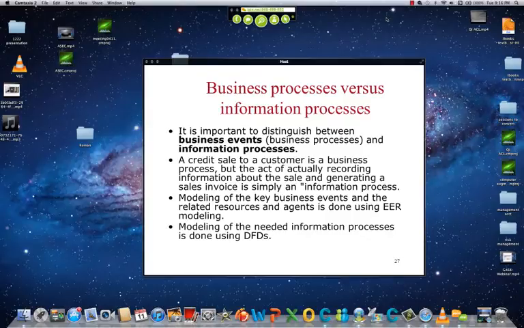So we capture this data flow; we want to capture information processes. So EERs are responsible for business events, and DFDs are responsible for information processes. This is the idea. Sometimes you can argue that something is both a business event and an information process. Maybe we'll give you some examples along the way.